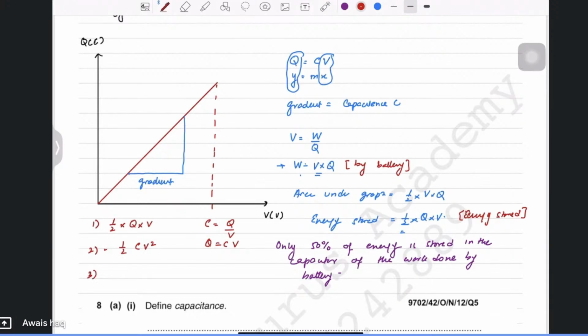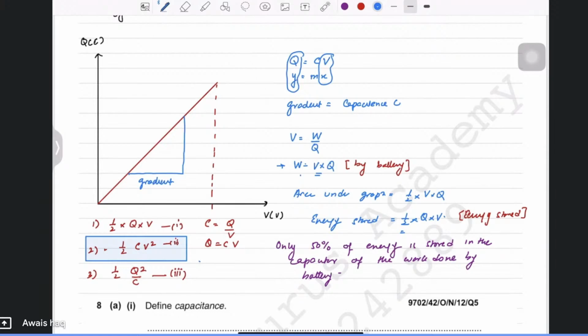You can also get half Q squared over C. So all these formulas can be used in different questions, but the main formula that I want you guys to remember is this one, and this is the most recurring formula that they're going to use.